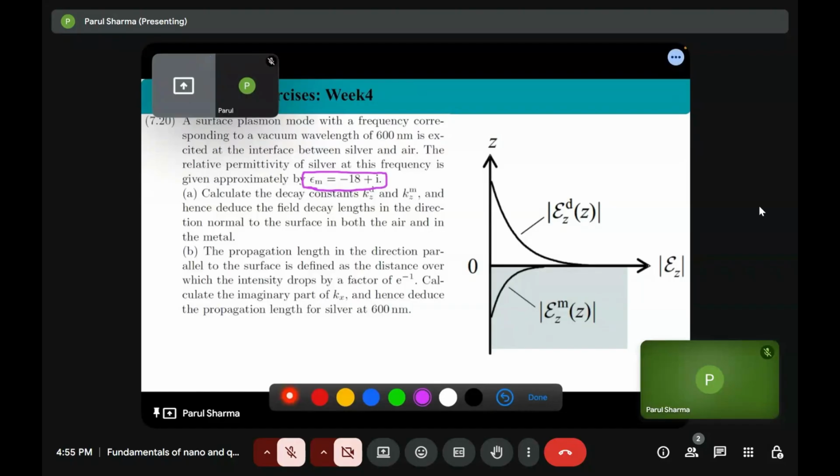So in the first question we are asked to calculate kzm and kzd. In this right figure you can see this is for the metal and this is for the dielectric. So we have to calculate the decay constant and then deduce the field decay length in the direction of the metal.